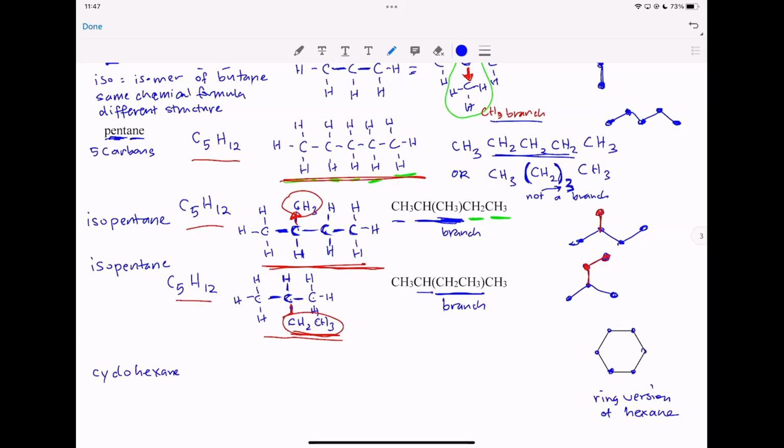And so let's draw this out. So if this is 6 carbons, 1, 2, 3, 4, 5, 6, each of those carbons has to have 4 bonds. So starting at the upper left, I can see there's already 2 bonds for every single one of those carbons. Every single one of the carbons in the ring has 2 bonds. And so that means that every carbon needs to have added to it 2 hydrogens.